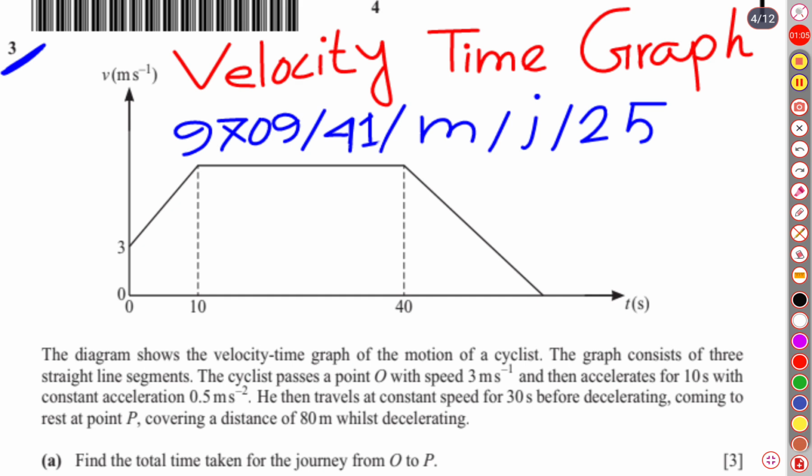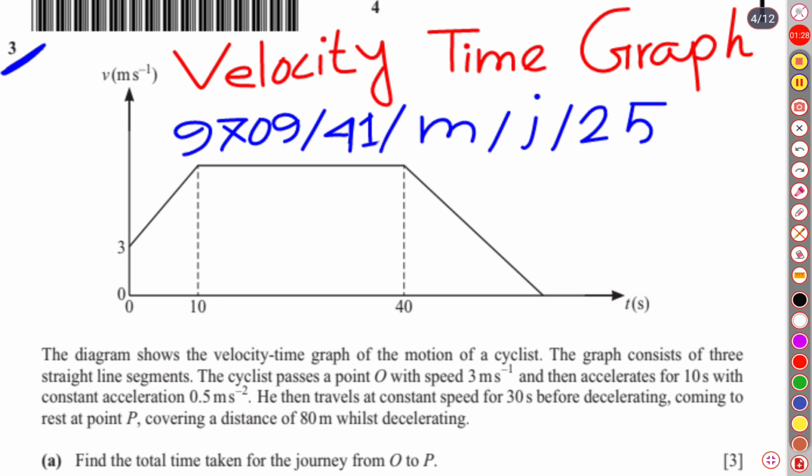Find the total time taken for the journey from O to P. Well, this is what the question is, and we are going to find the total time. Until 40 seconds it's given. Then we are going to find the final time instant when it came back to rest.